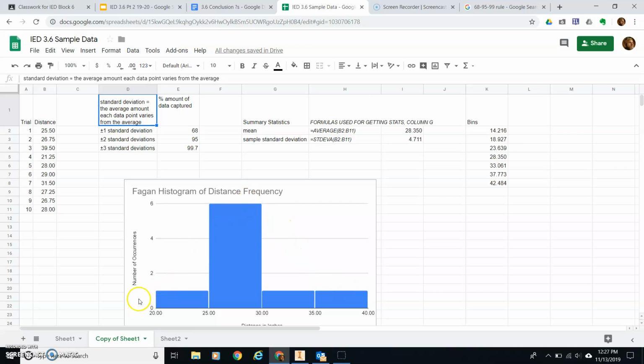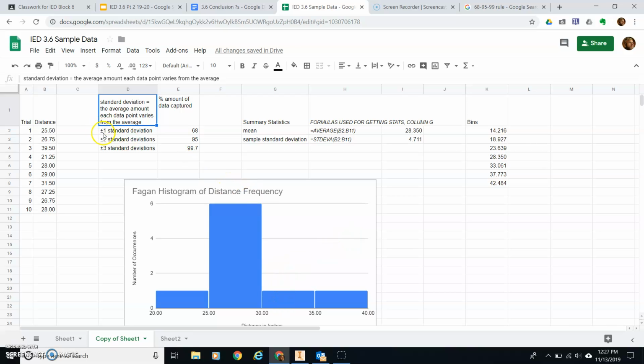But if you do have a normal distribution, something basically like this, you want a really nice bell curve, then what that means is if you start with the mean, okay, and for this data right here, we calculated the mean as 28.350, so that would be a little to the right of the middle of this bar. If I add one standard deviation, which I found was 4.711, that's going to take us up to 33 more or less.